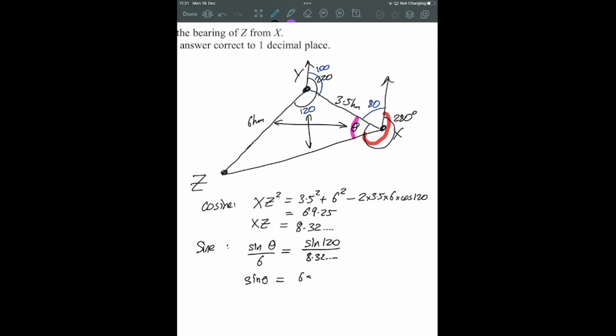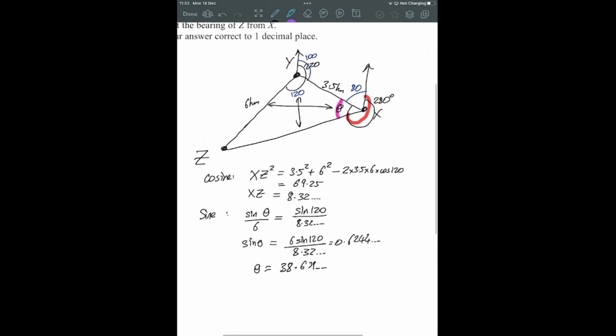So sine theta is 6 sine 120 over, and when I type this into my calculator, I am going to use the answer function for the denominator, so I can keep the accuracy as high as possible. And therefore theta equals sine inverse of that answer, 38.6, etc. So that was my pink angle.